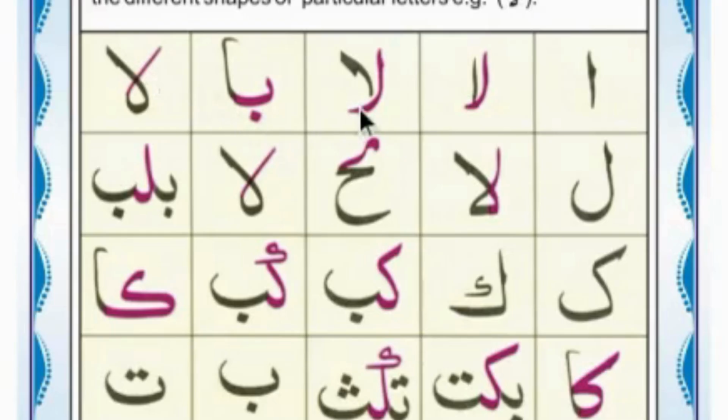Okay, row number 2, start with lam, and it is also lam, alif, and it's lam, ha.